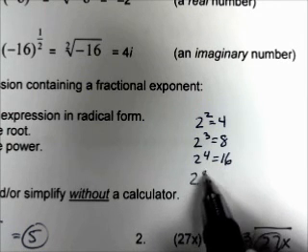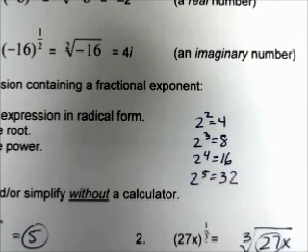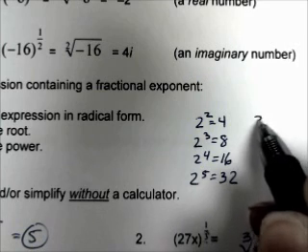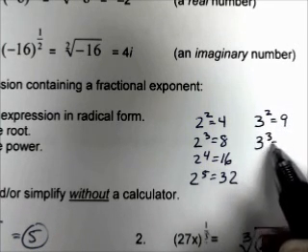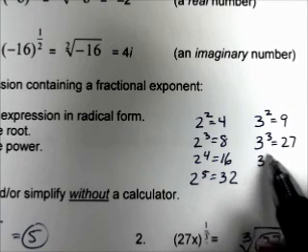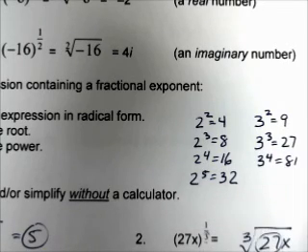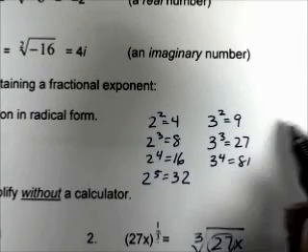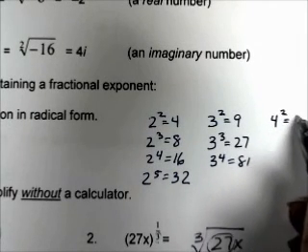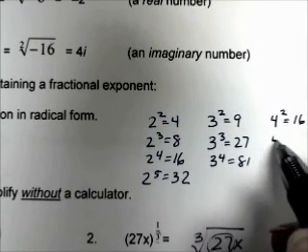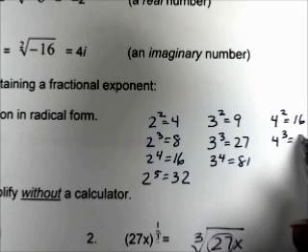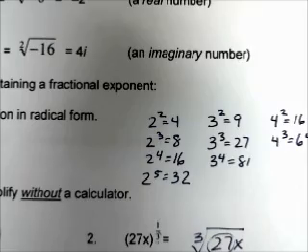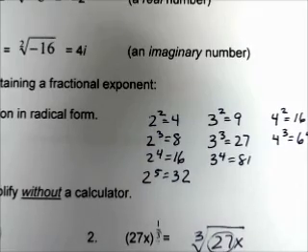And 2 to the 5th is 32. 3 squared is 9. 3 to the 3rd, 27. 3 to the 4th, 81. And 4 squared, 16, and 4 to the 3rd is 64. All right, that should be good.